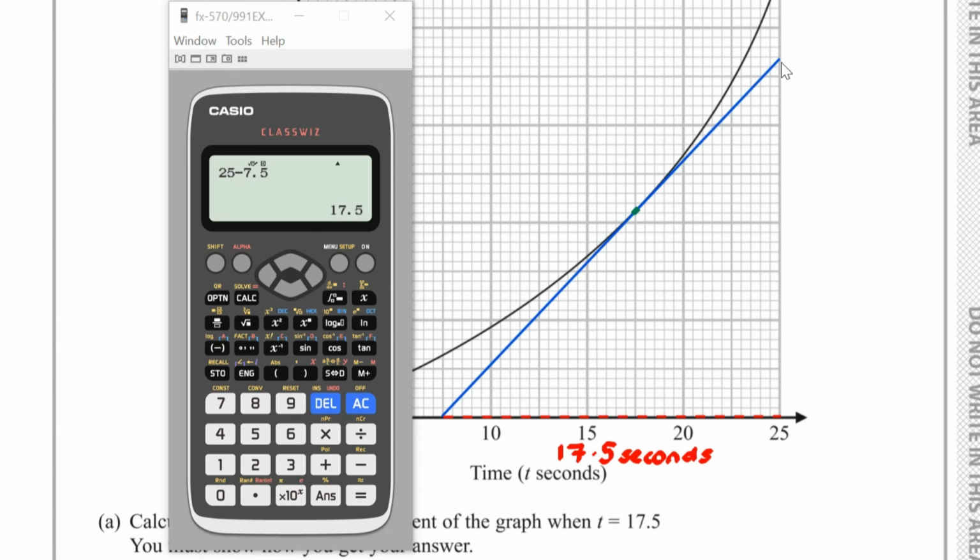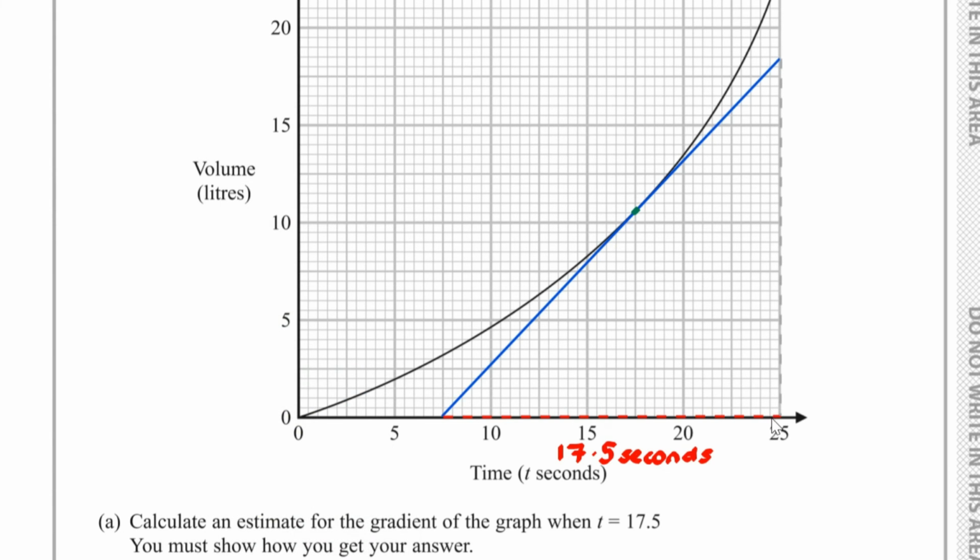And then we can find out how much we go up by. We are going from 0 to this value here, which is 18.5. So we've got 18.5 litres.